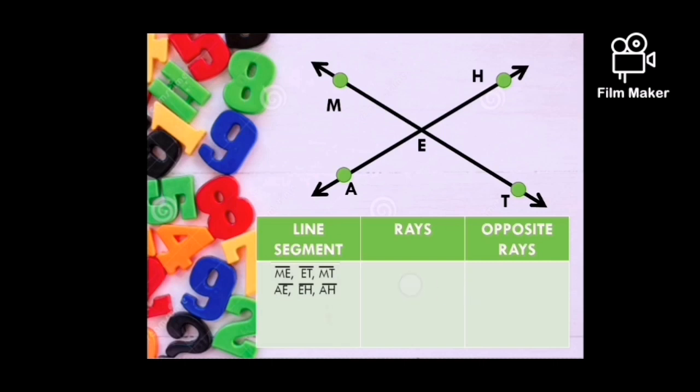The rays are ray ME, ray MT, ray ET, ray TE, ray TM, ray EM, ray AE, ray AH, ray EH, ray HE, ray HA, and ray EA. The opposite rays are ray EM and ray ET, and ray EA and ray EH.